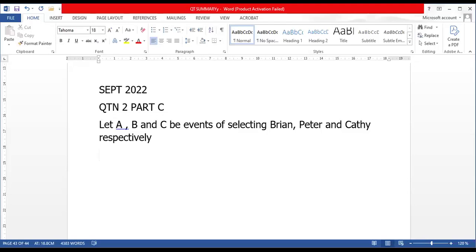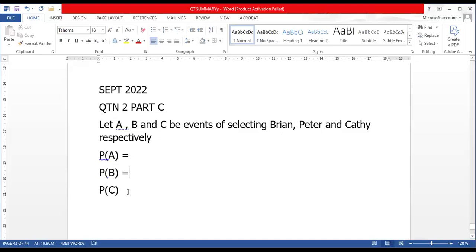Then step number two, what is their probability? What is the chance of choosing Brian? What is the chance of choosing Peter? What is the chance of choosing Kathy? So what is the chance of choosing A? What is the chance of choosing B?